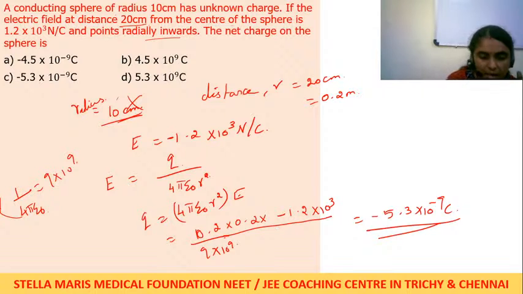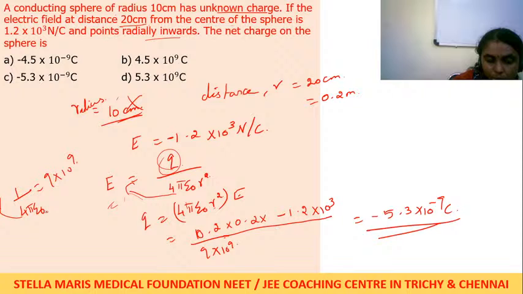Okay, Pooja. See here, we know the formula for electric field, correct? The electric field formula is Q divided by 4 pi epsilon naught R squared. Here we are going to find out the charge, because the charge is unknown. So Q is 4 pi epsilon naught into R squared into E. This 4 pi epsilon naught goes to the other side.